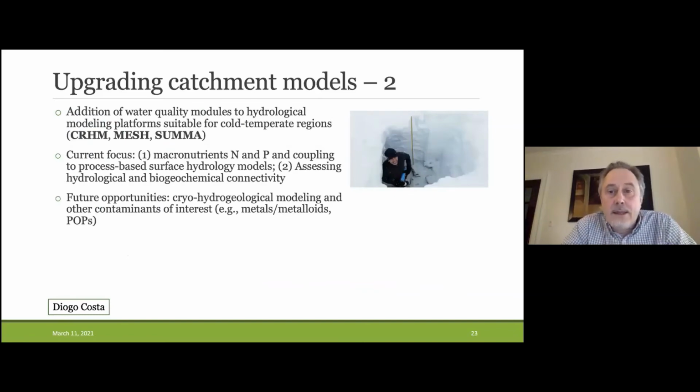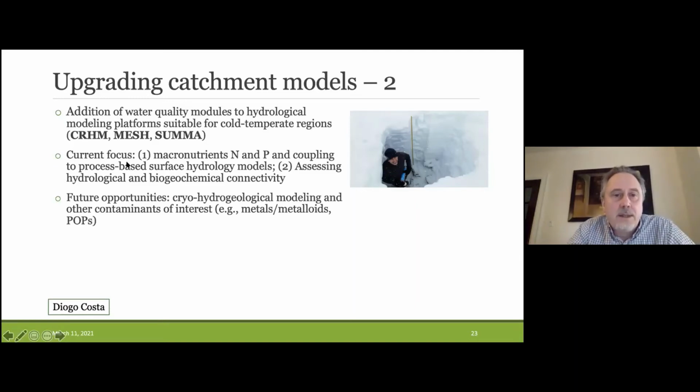Okay, another example is from Diogo, where he is essentially adding water quality modules to modeling platforms that are very suitable for cold temperate regions, in particular the Cold Regions Hydrological Model, CHRM, and the MESH model, and now also working on SUMMA, this new modeling approach that's also being strongly pushed by Martin Clark.